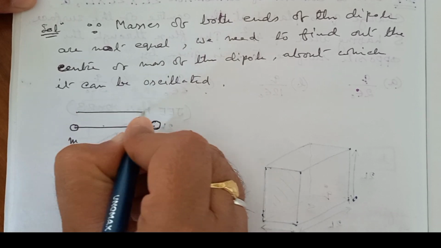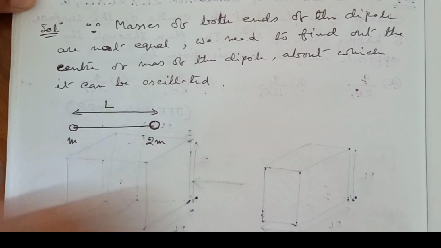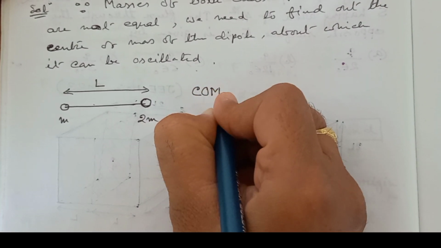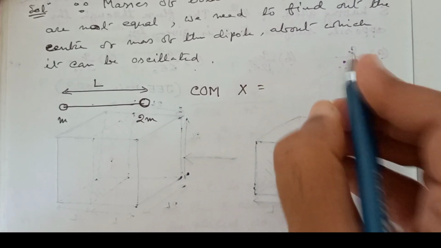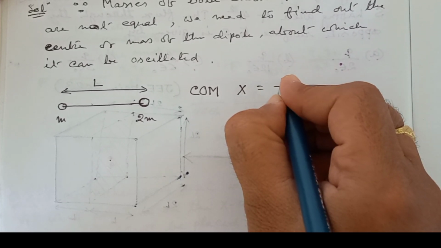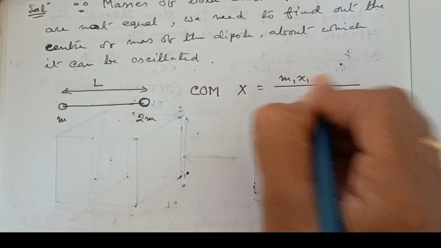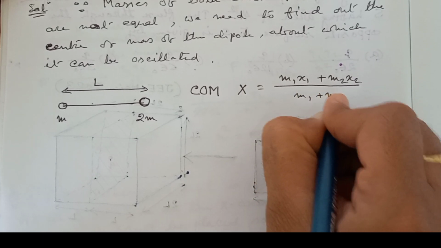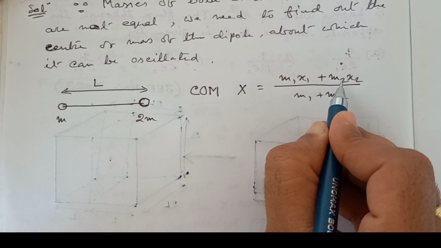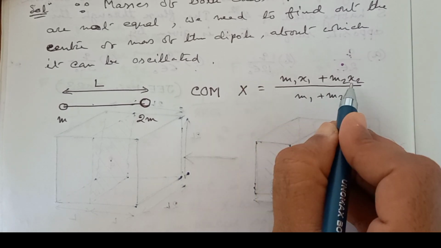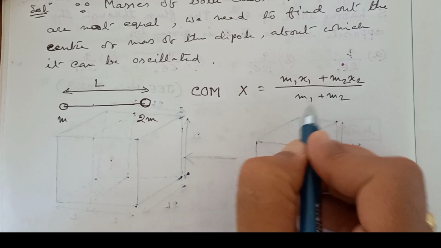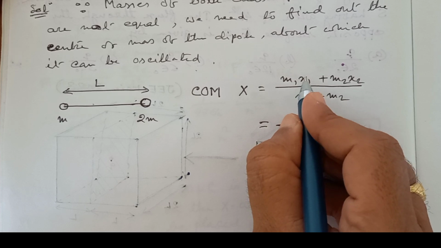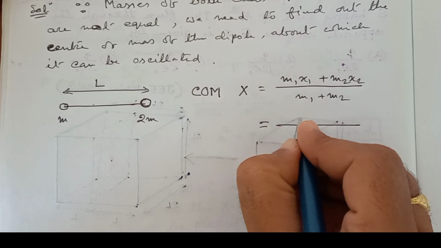The length of the dipole is L. So the center of mass x is equal to, according to the equation of center of mass, m1 x1 plus m2 x2 by m1 plus m2, where m1 is the first mass, m2 is the second mass, x1 is the coordinate of the first mass, and x2 is the coordinate of the second mass. Here the coordinate of m1 suppose is 0.